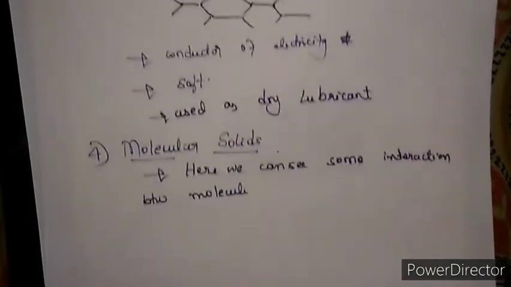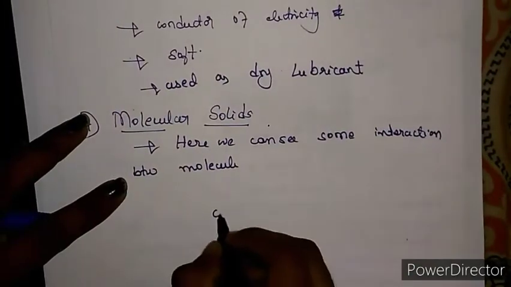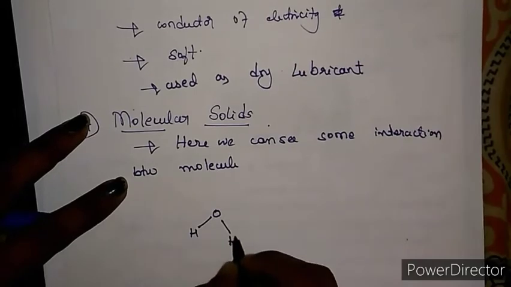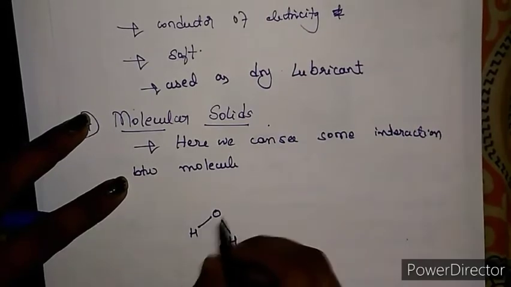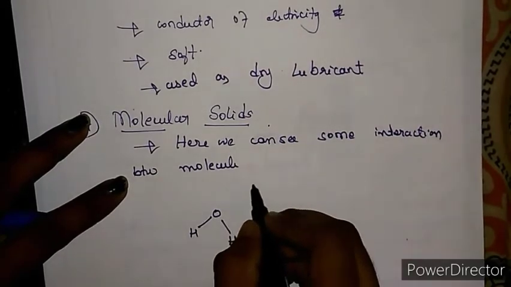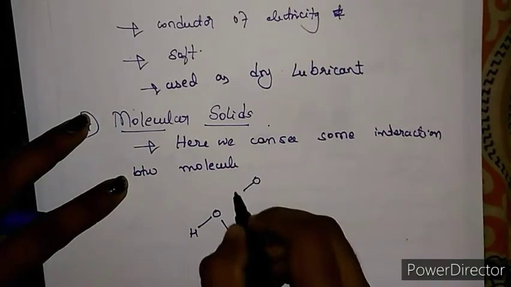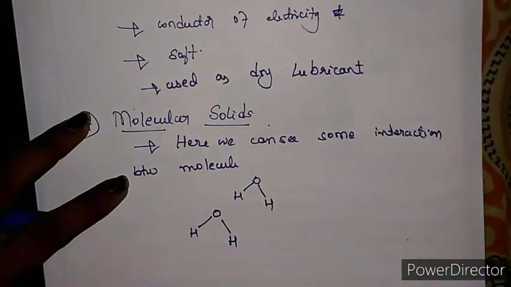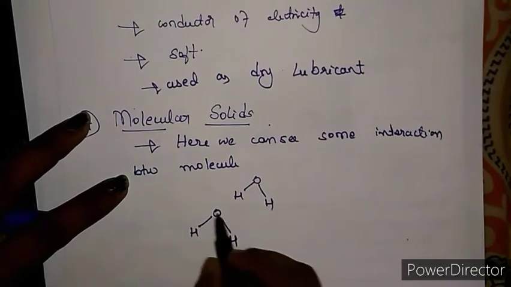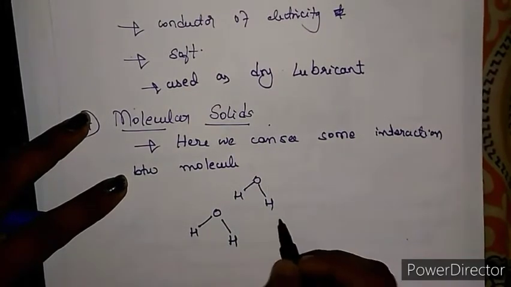For example, if you consider water. The water structure is this, right? O, H and H. Okay, H2O. If you consider one more molecule of water, O, H and H. This is one molecule of water, this is another molecule of water.